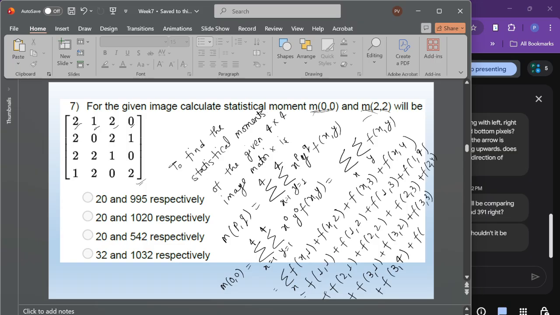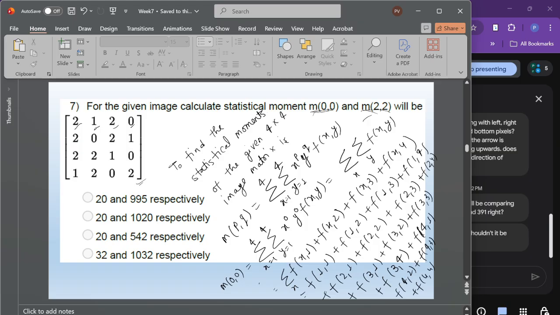Similarly, we have to put for x is equal to 4: f41, f42 plus f43 plus f44. So that means all this: first row first column, first row second column, like that, if you open this one.